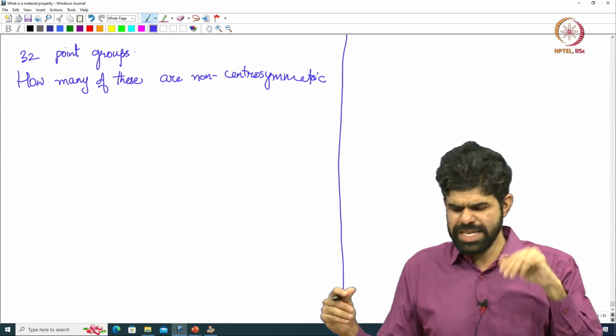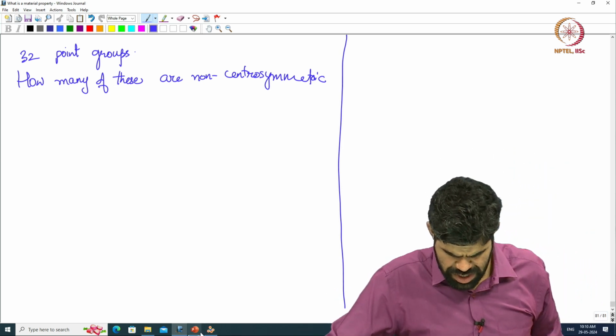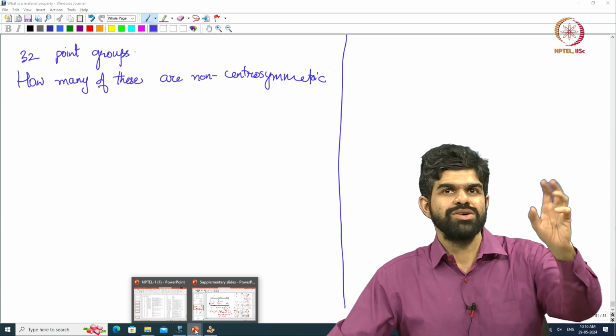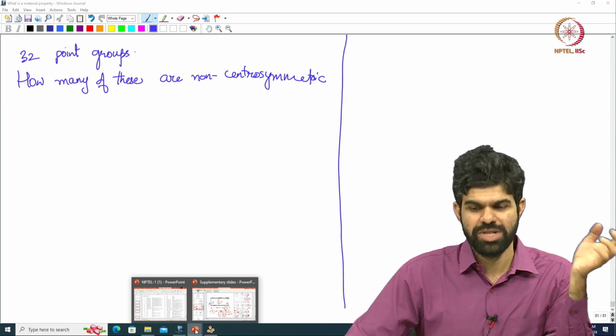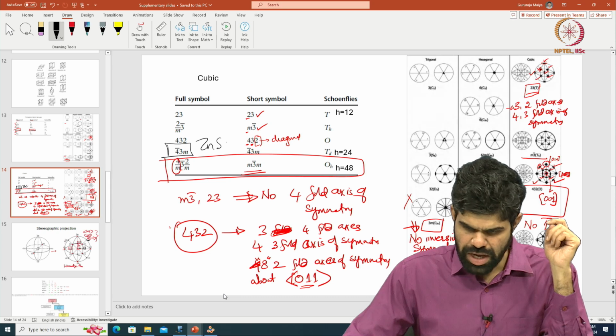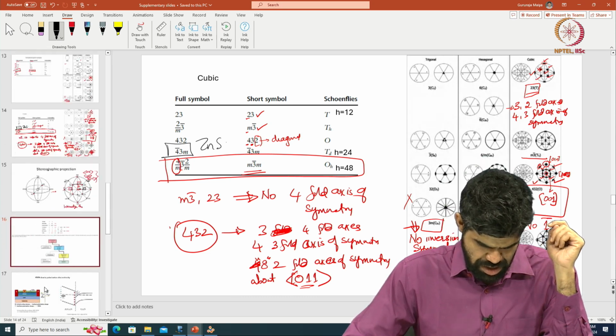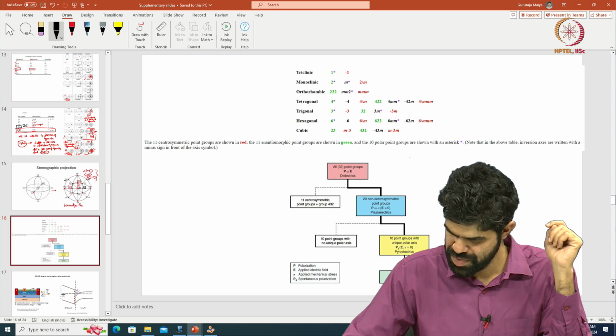Okay. That is easy to answer. So we can always count, we can look at the stereograms and do a counting and say, okay, all these point groups are non-centrosymmetric, all these point groups are centrosymmetric. Okay. So, in fact, it has been done for you, right.